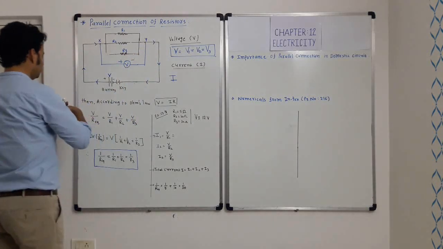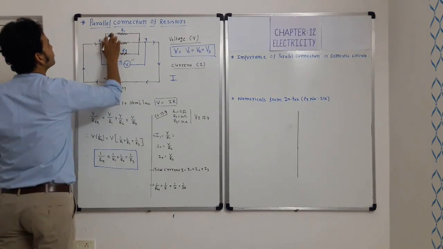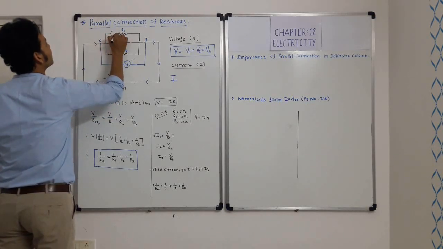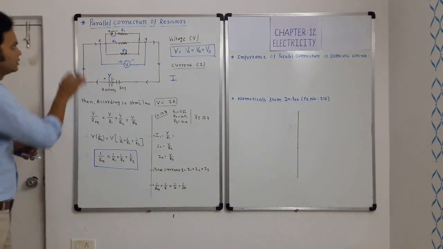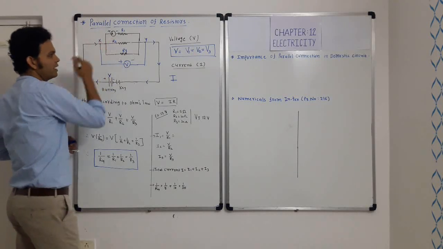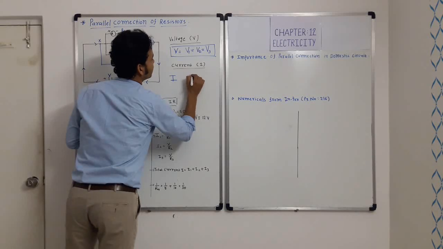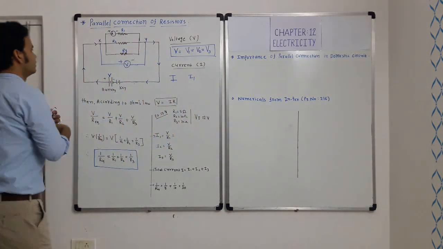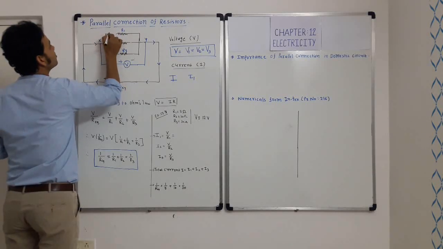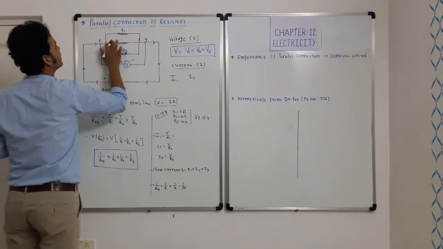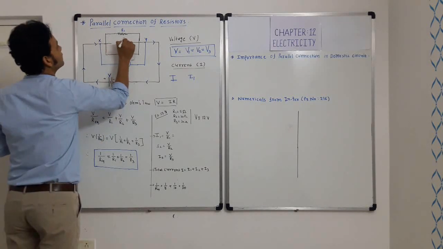Now, first of all I am disconnecting it from here and connecting the ammeter here, plus, minus, and the current which I am getting here, let's say this current is I1. Once again, I am disconnecting the ammeter from here and connecting it at the R2 branch of the resistor.